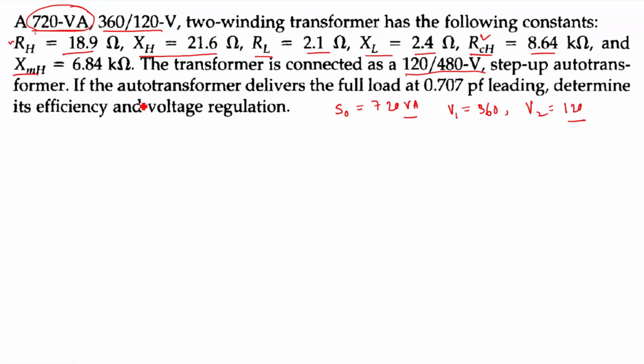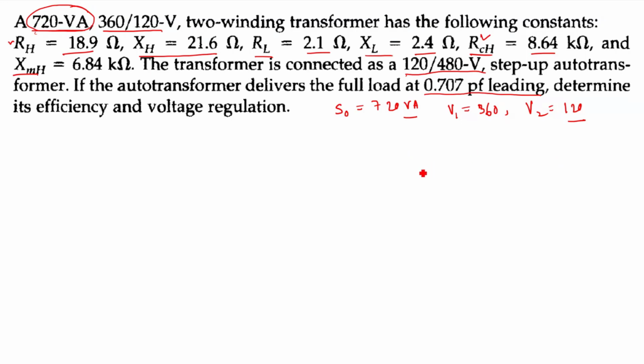If the autotransformer delivers the full load at 0.707 power factor leading, determine its efficiency and voltage regulation. That means the load connected at the output of the autotransformer has a power factor of 0.707 leading.